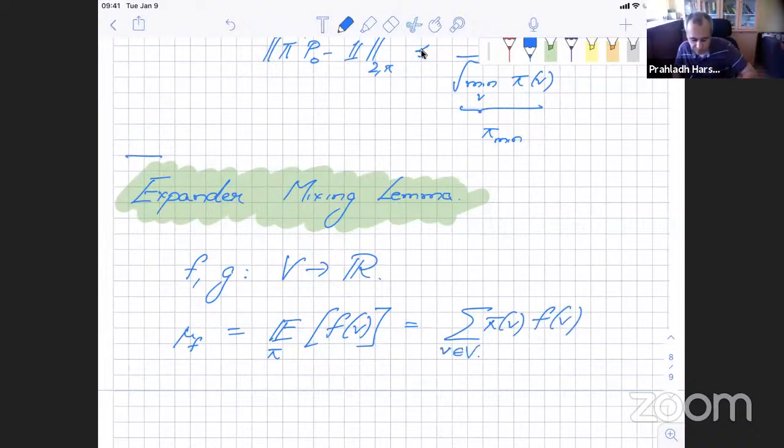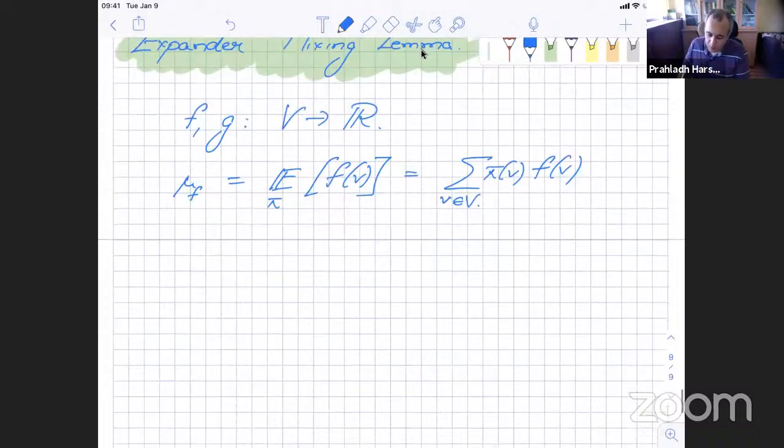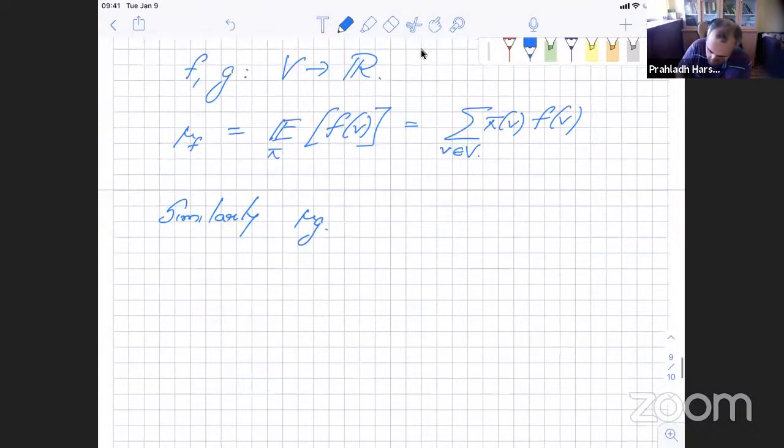And similarly, mu g. I would like to know what fg is in the pi walk.